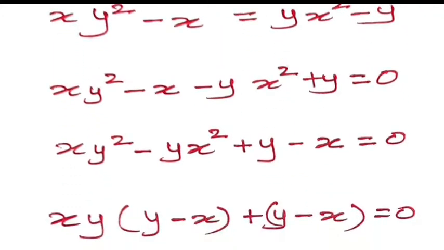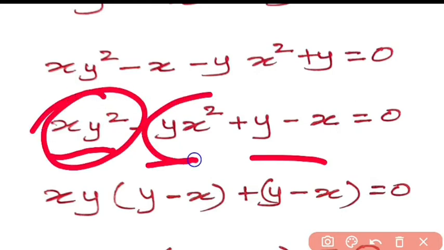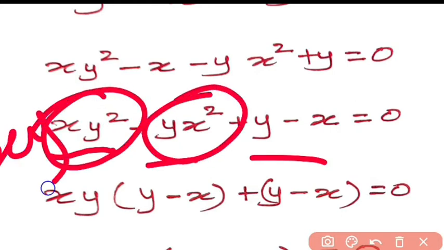Next we arrange in order the multiples of xy. In the xy terms, we take x into y common outside, so then it becomes y minus x.